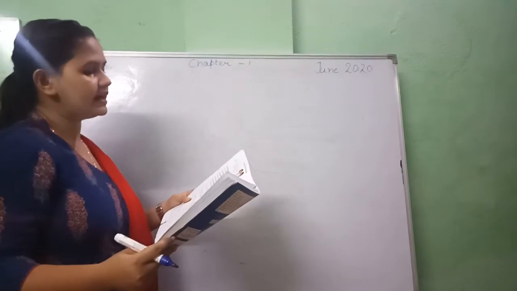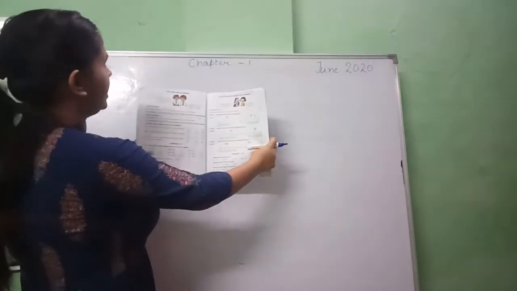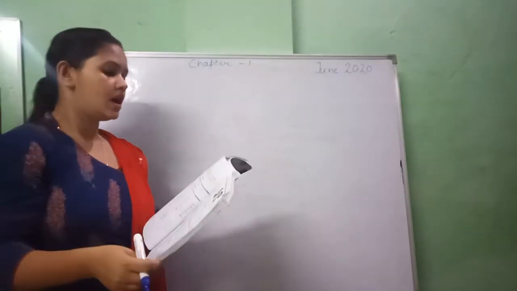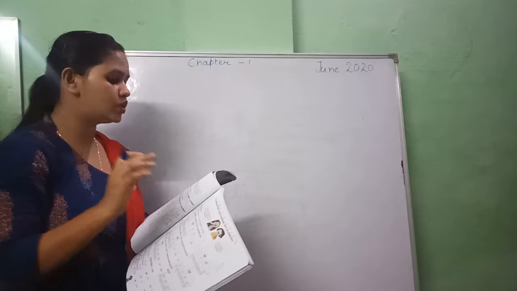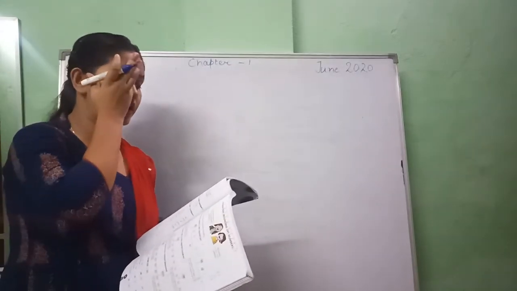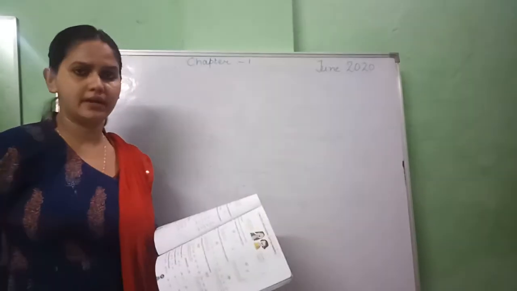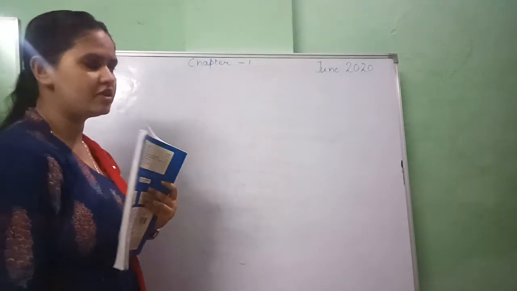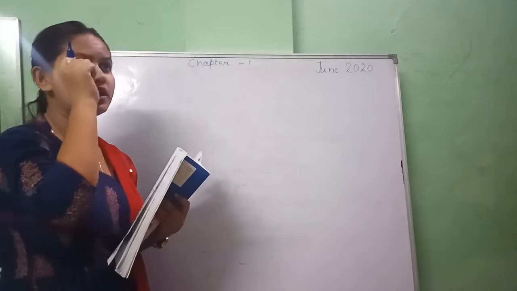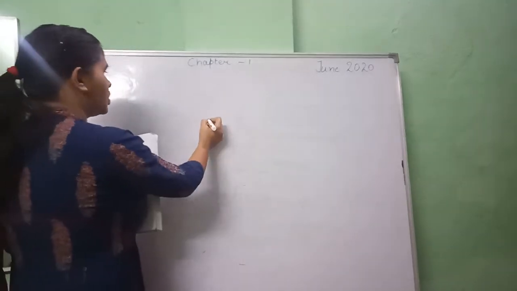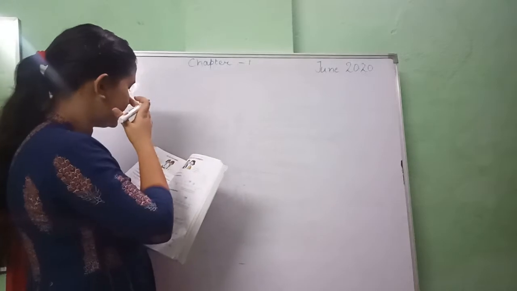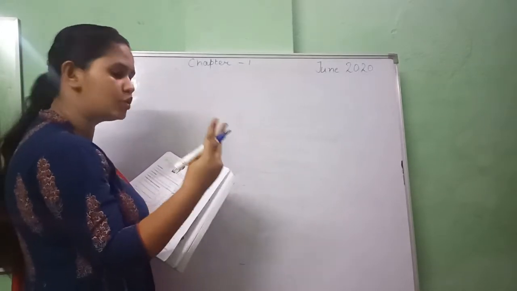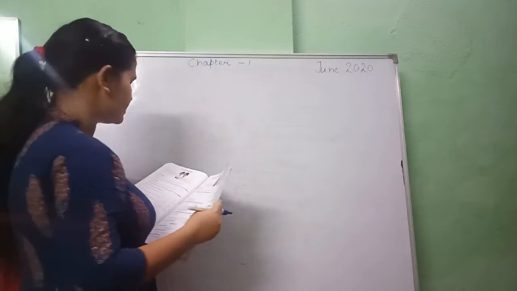On page number 20, a boy and a girl are showing us. A girl wants to say numbers 1, 3, 5 do not make a perfect pair of 2. They are odd numbers. In my language, they are not divisible by 2, which are not coming in the 2 table. So those are odd numbers. And those numbers like 2, 4, 6 make a perfect pair of 2, so these are even numbers.